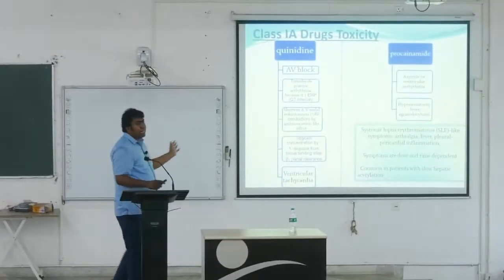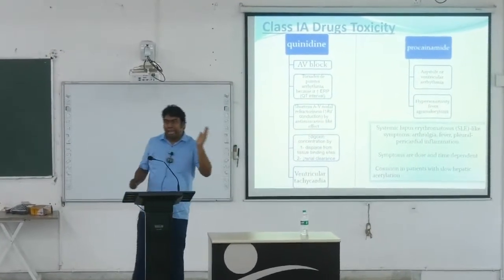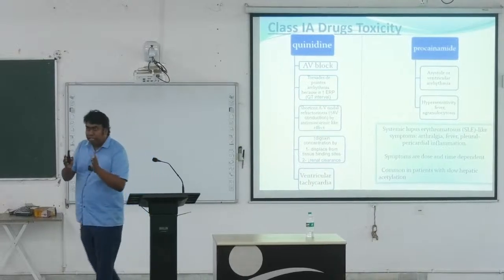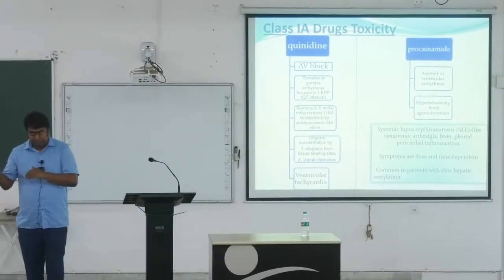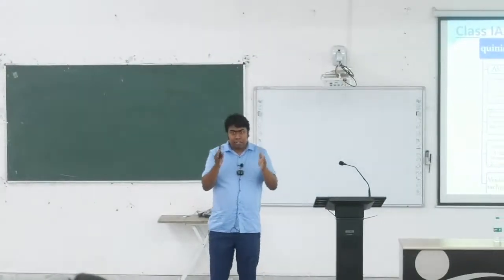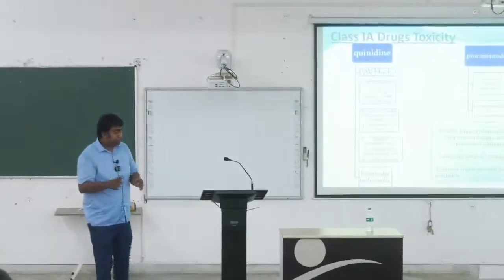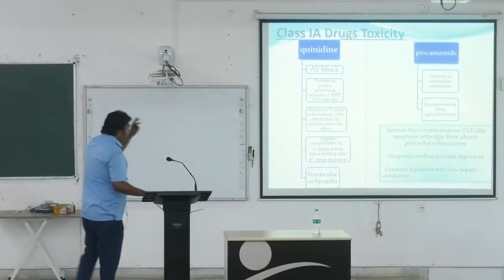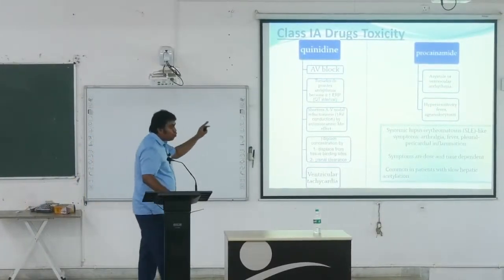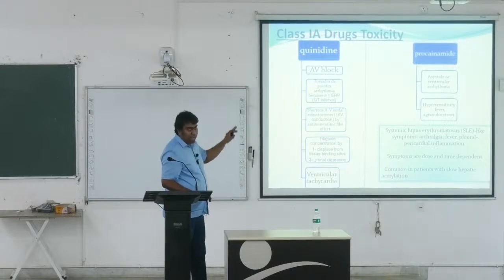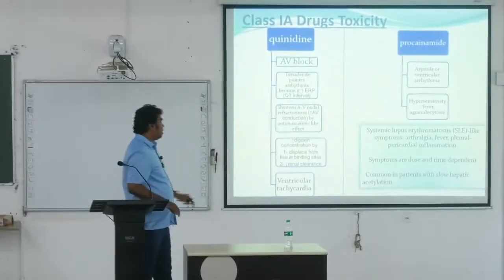Similarly, all the antiarrhythmics have a property of being proarrhythmic in different electrolyte and clinical situations. Whereas procainamide can lead to asystole or ventricular arrhythmia.